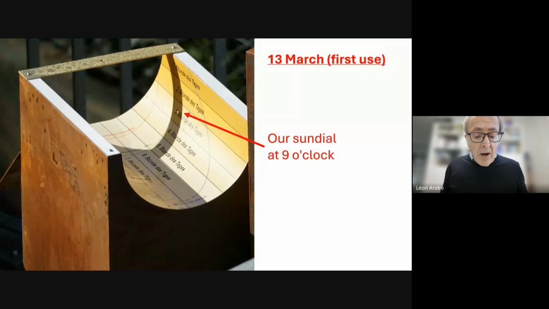We only managed to finish the clock a week ago. The printers who were supposed to print the dial had technical problems. This is what it looks like at 9 o'clock on March 13th. We haven't made any fine adjustment.